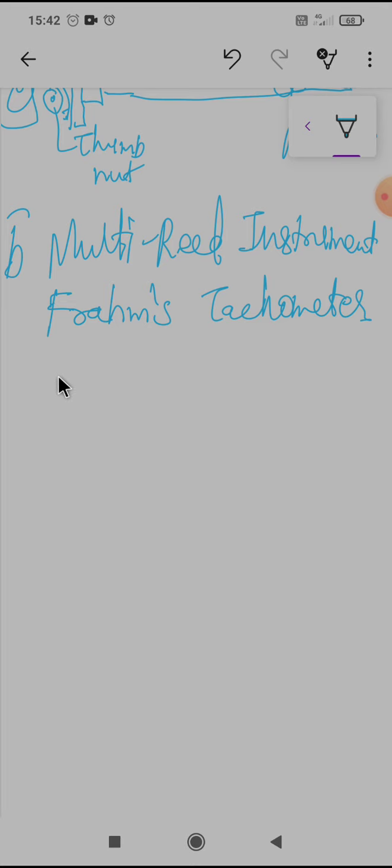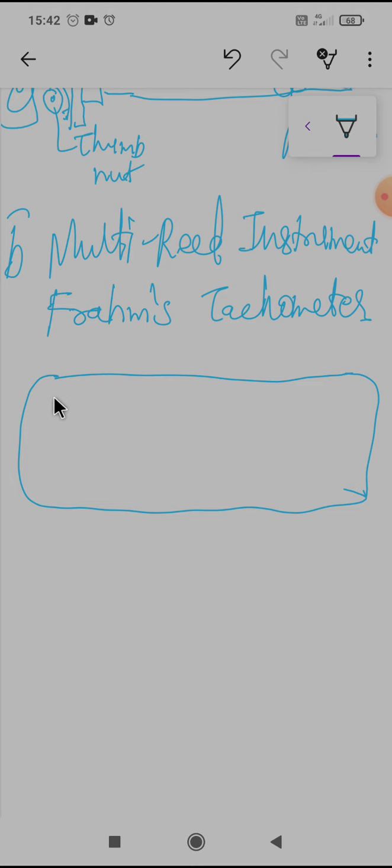Let me draw a diagram to explain. This is white strips, you can call it white strips here.